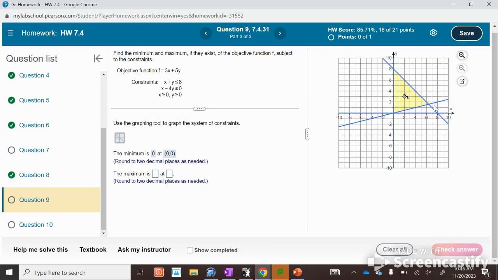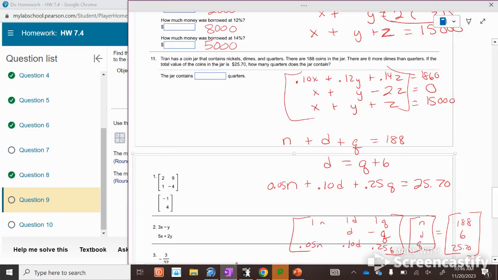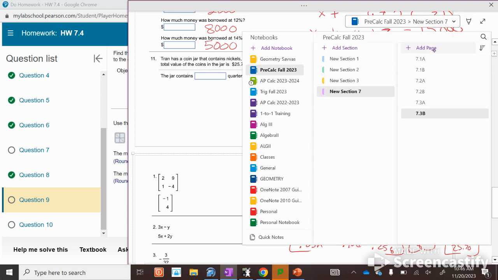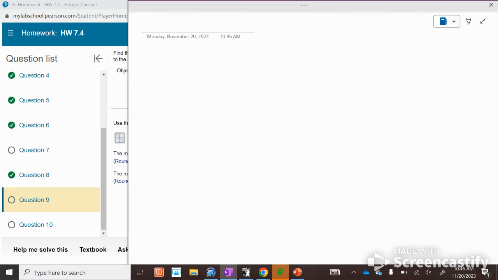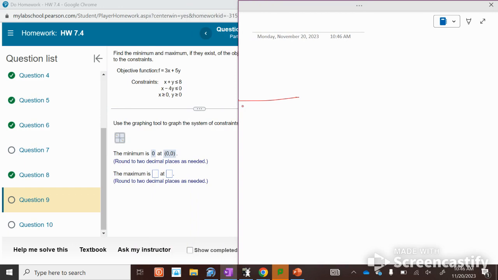I wonder where these cross. I suppose if I solve them simultaneously, I'm going to make a new page, and slide this over a little bit.